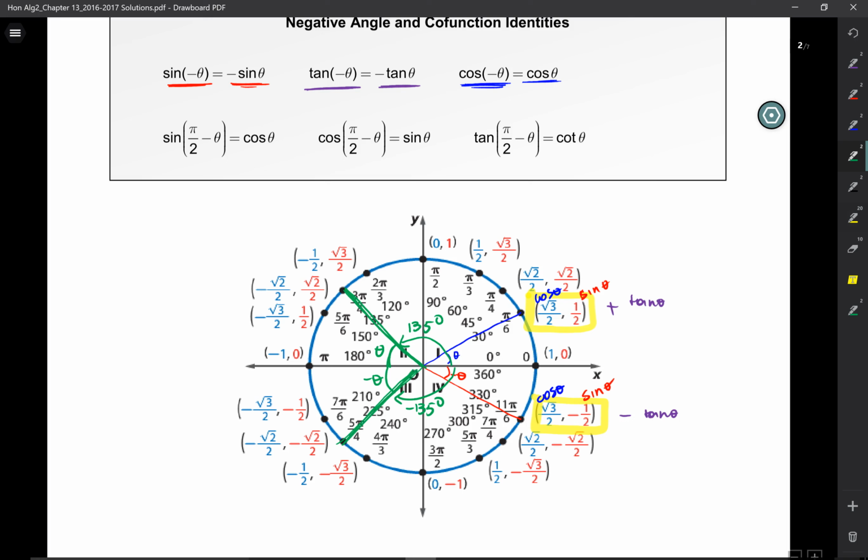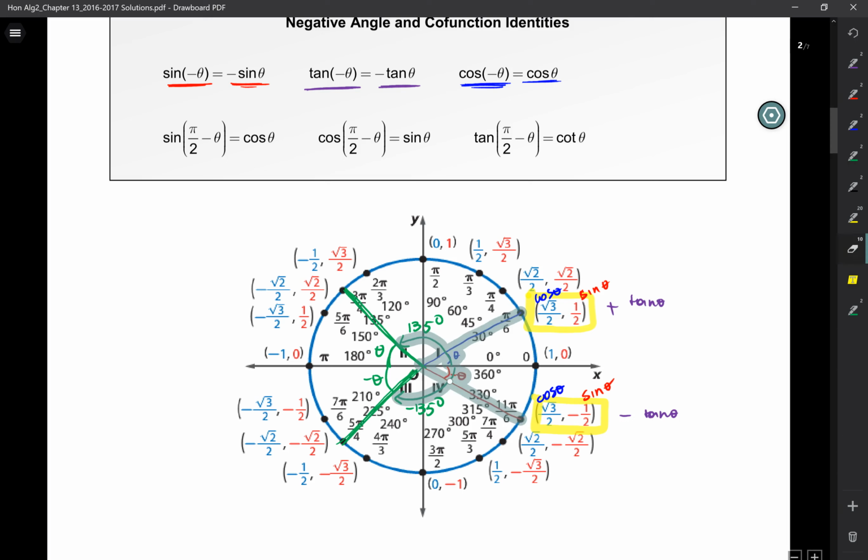So take a look at this. Now let's take an angle. Let's take 30 degrees. Okay? All right. 30 degrees is here. Yes? How much is the sine of 30 degrees? 1/2.